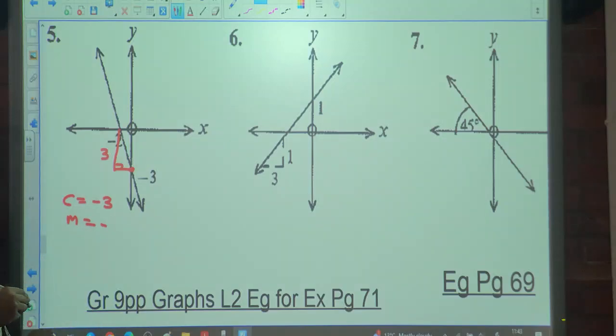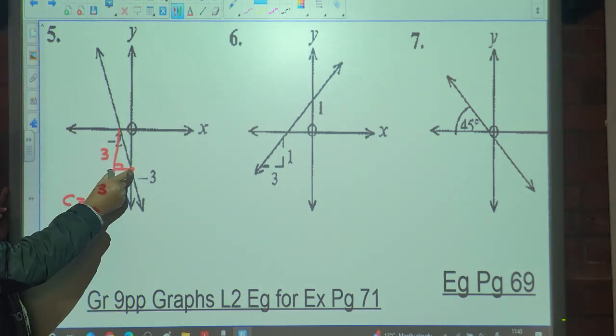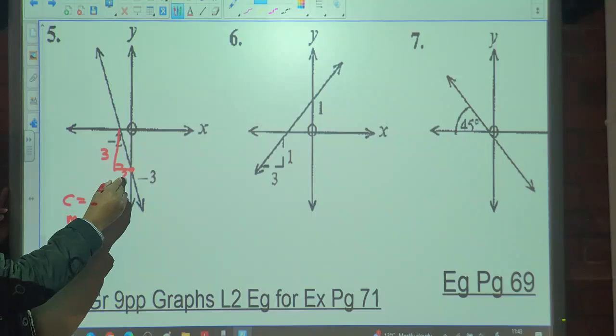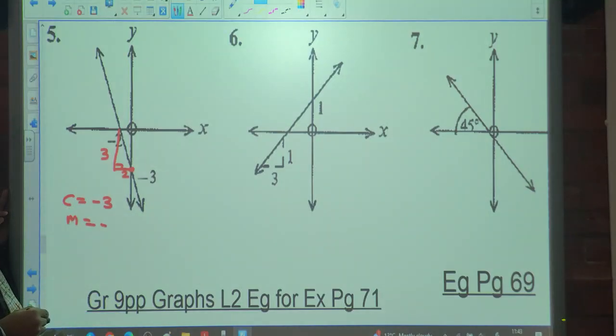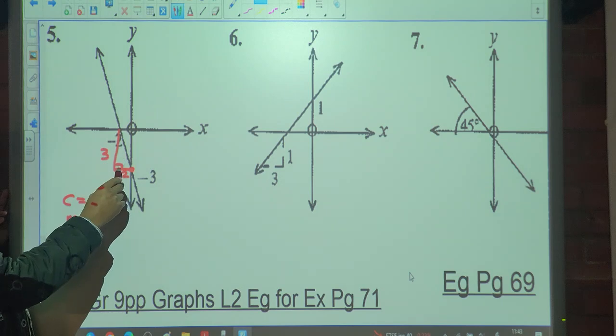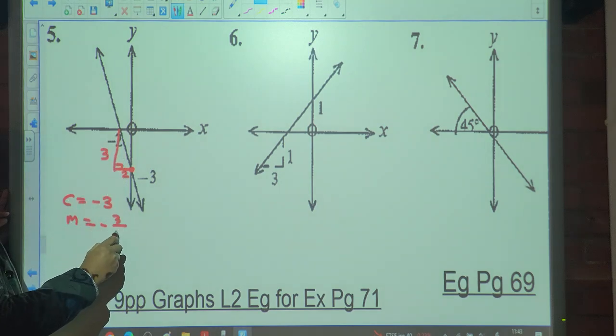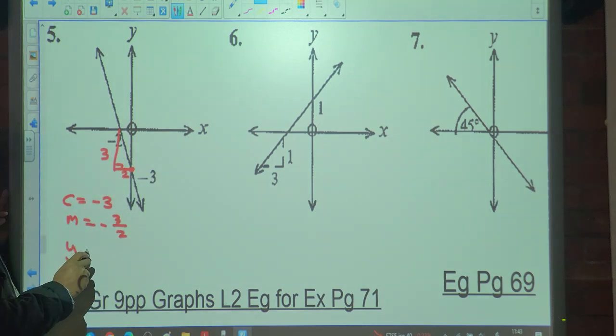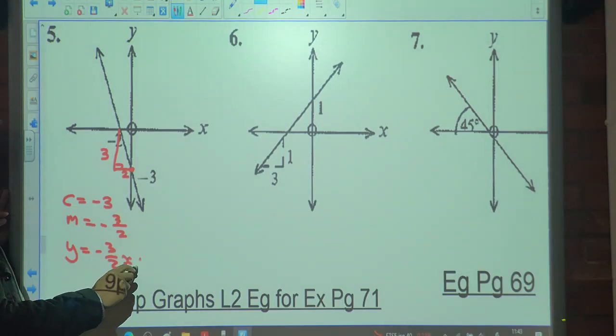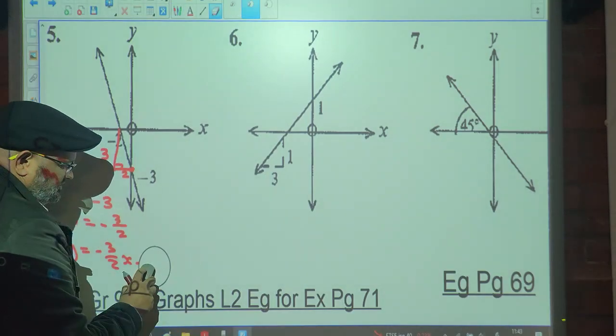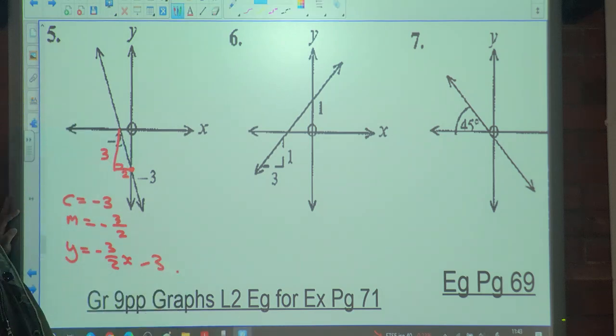We're not talking about negatives and positives; the length of this line is 3. What's the length of this line? 2. So your delta y over delta x is going to be 3 over 2. So what's the equation? y is equal to negative 3 over 2 x plus negative 3, which is simply negative 3. Okay? Simple, huh? Easy.